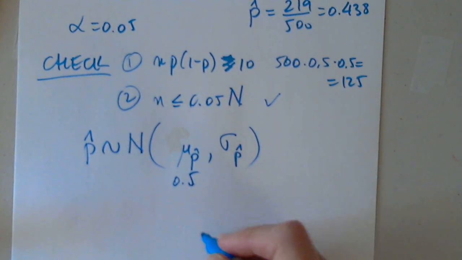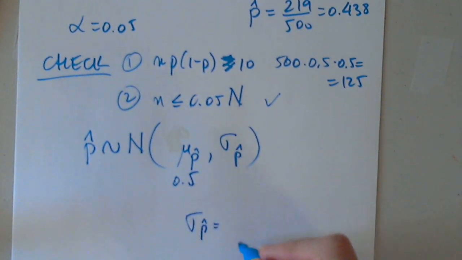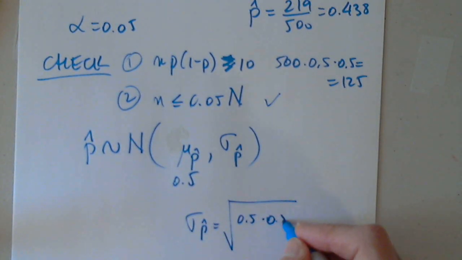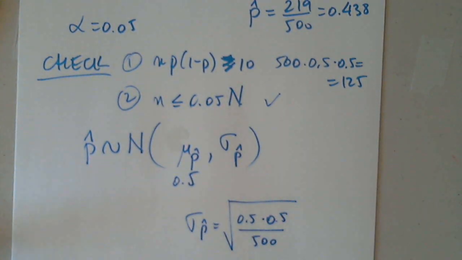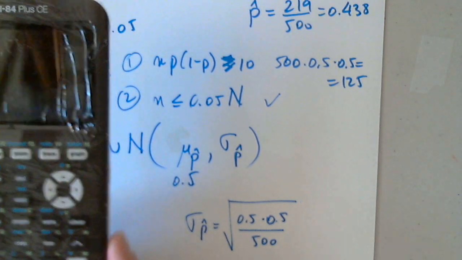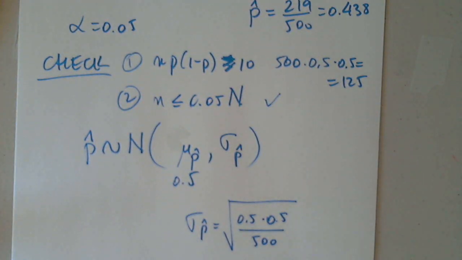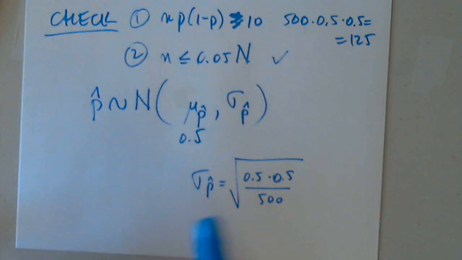And this has to be calculated. Sigma p hat is the square root of 0.5 times 0.5 divided by 500. We don't really have to determine it because we're going to do it with the calculator, but I just wanted to write the formula for you.